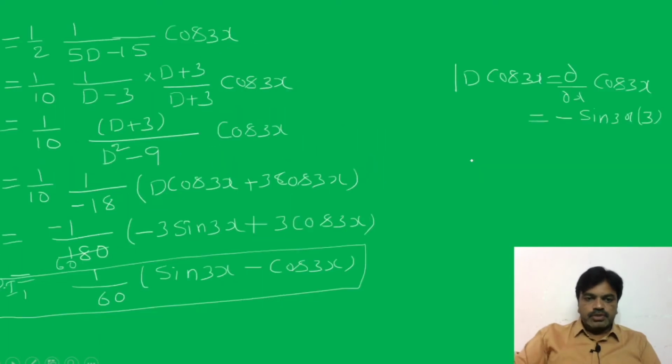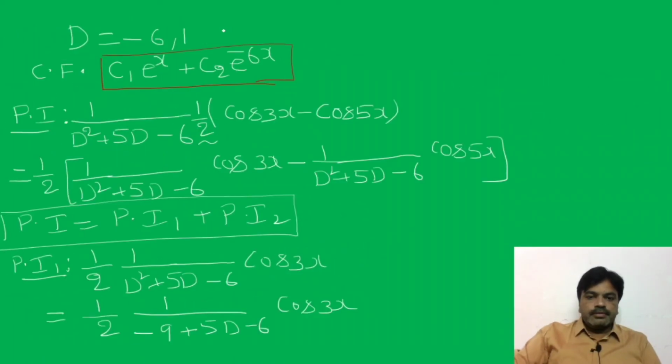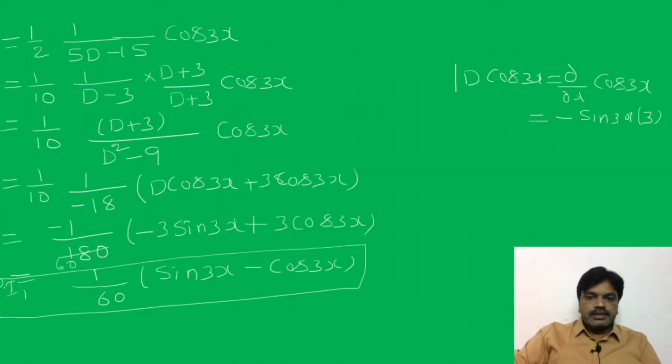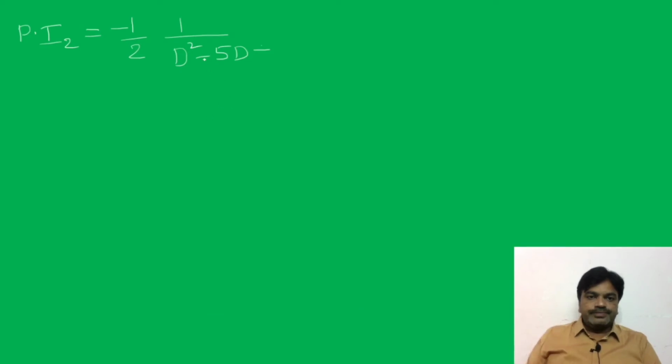Minus 1 by 2 into 1 by d square plus 5d minus 6 into cos 5x.